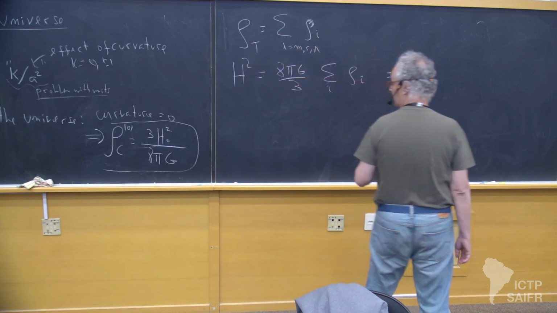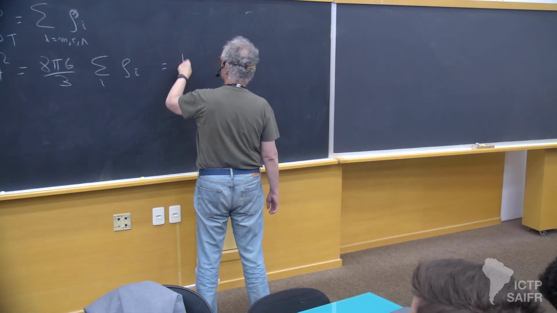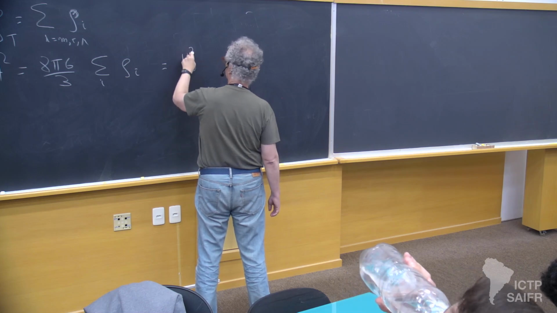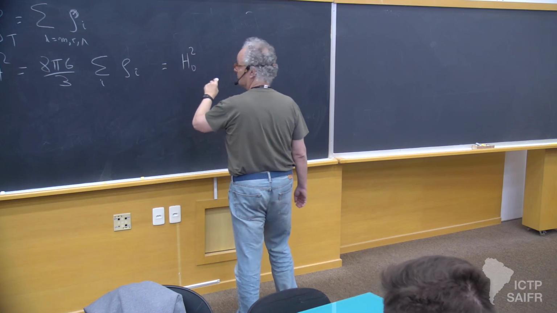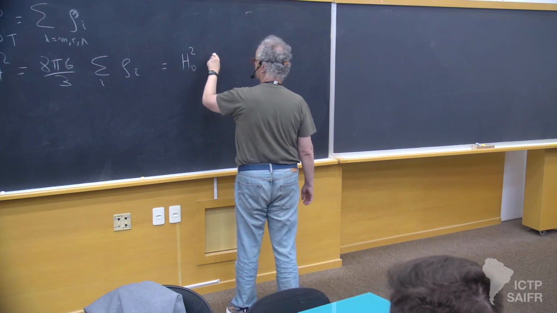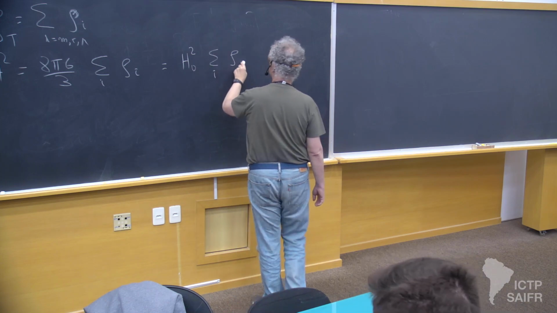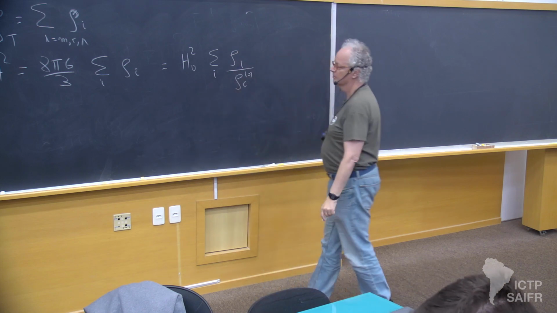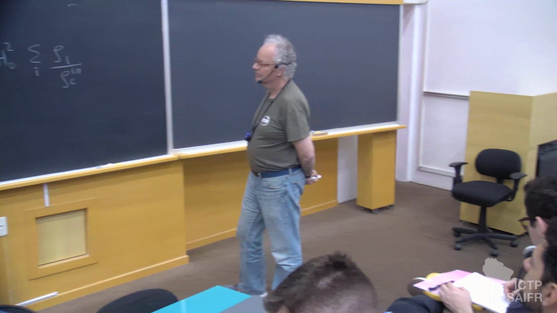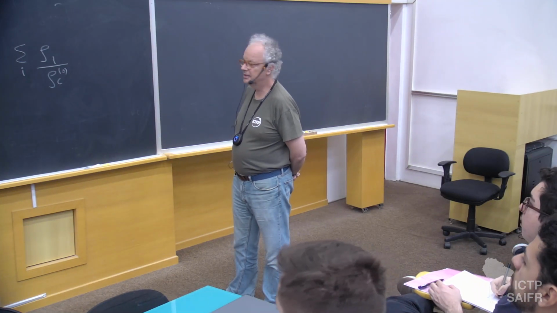So this I can write as H naught squared rho critical. I can write it like this. Is this correct? I didn't make any mistakes, right?